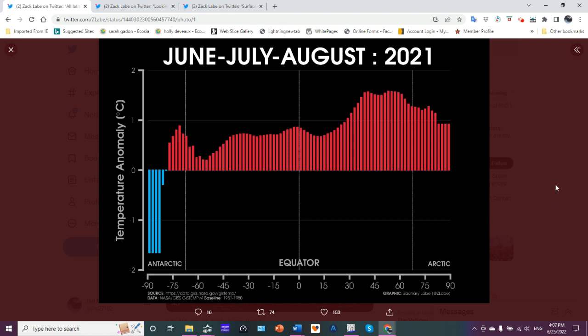Now, I'm starting to see more and more analyses going back to the 51 to 1980 baseline, those 30 years. And I agree with doing that because things really started to kick into gear, you could say, by about the mid-1970s, especially with the ocean absorbing a lot of the heat energy.